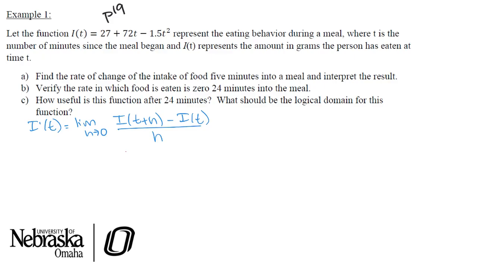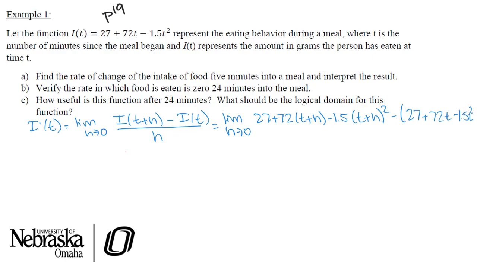So we want to plug in our t plus h wherever there is a t in our original equation. So we'd have 27 plus 72 times t plus h minus 1.5 times t plus h squared, minus our original function, 27 plus 72t minus 1.5t squared, all divided by h.